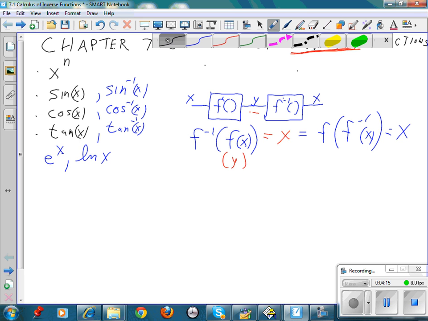We could look at this graphically, and once again, I think you've seen this all before, probably back in Algebra 2.